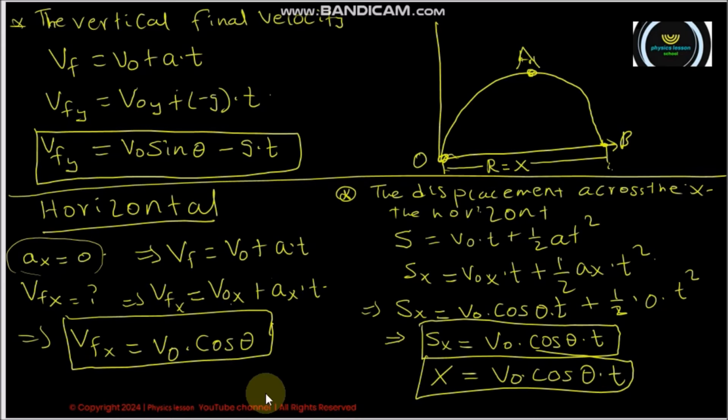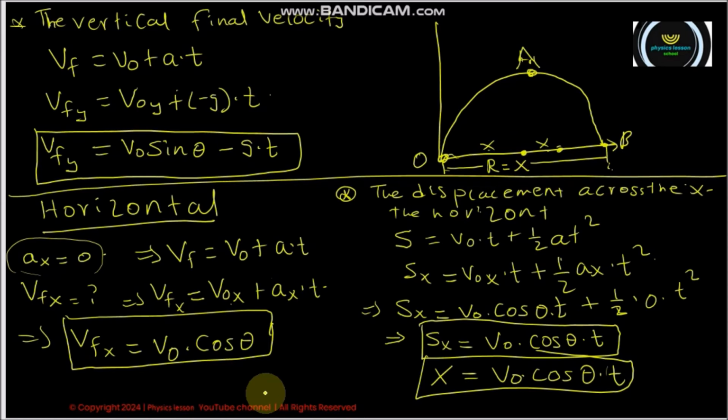So can we calculate this x at any instant time? For example, at this point we have x, at this point we have x. But at any instant time t, we can calculate the horizontal displacement x by this formula.